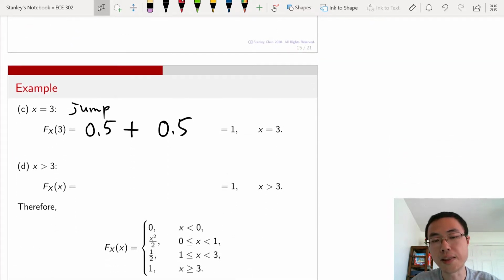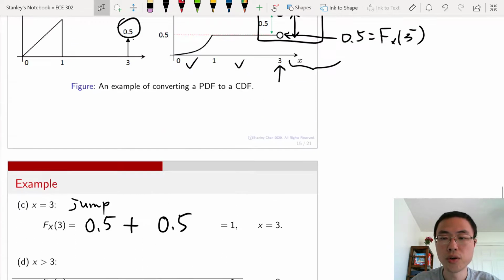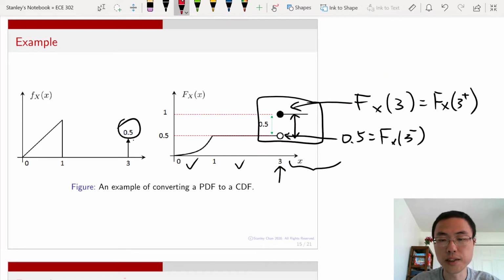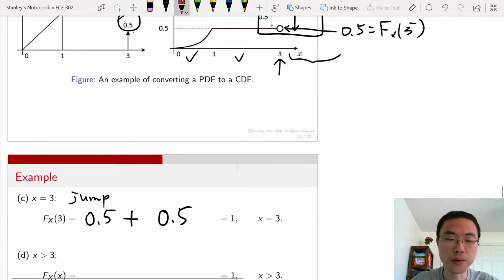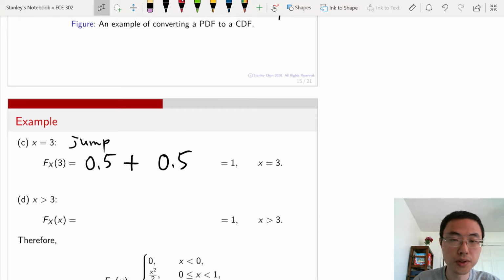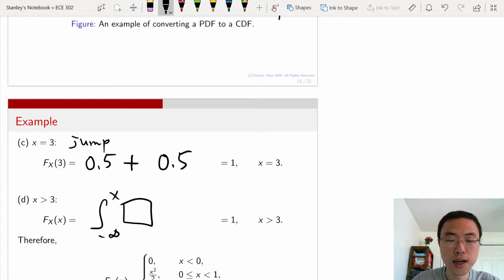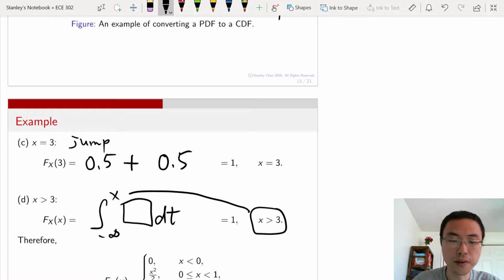For x bigger than 3, what do we have? Well, that should also be clear, because for x bigger than 3, you will get constant 1. Because you have already integrated the entire function, so that will give you 1. So this is just the integration from minus infinity all the way to x, and that is just covering the entire range, and so that will give you 1, for x bigger than 3.